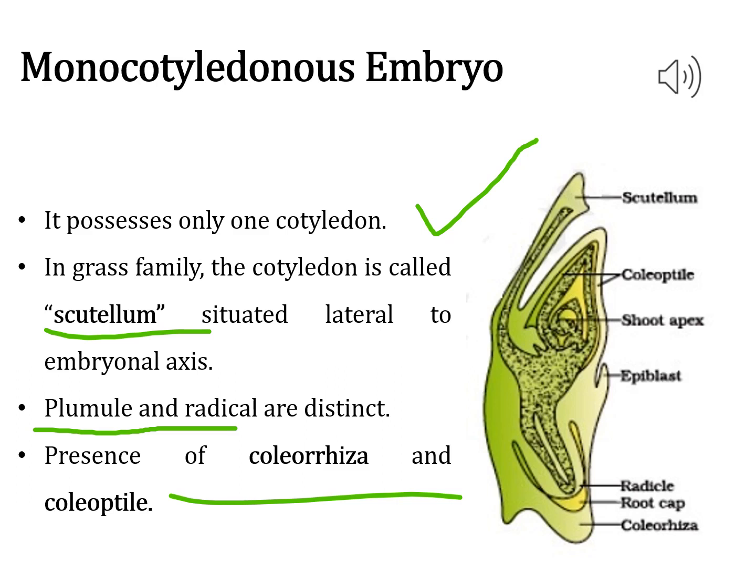The portion of the embryonal axis above the level of attachment of the scutellum is the epicotyl. It has a shoot apex and a few leaf primordia enclosed in the coleoptile. Coleoptile is a hollow, foliar structure.